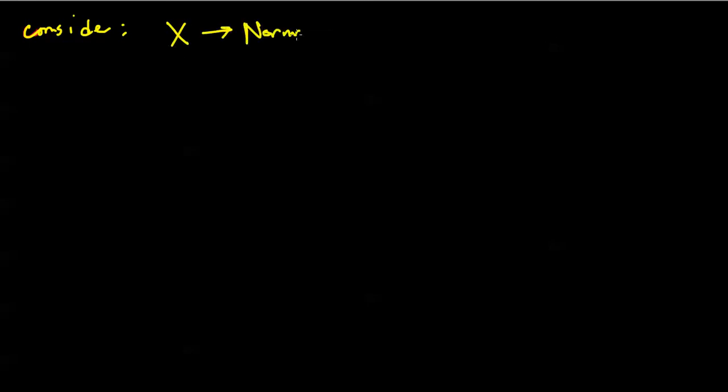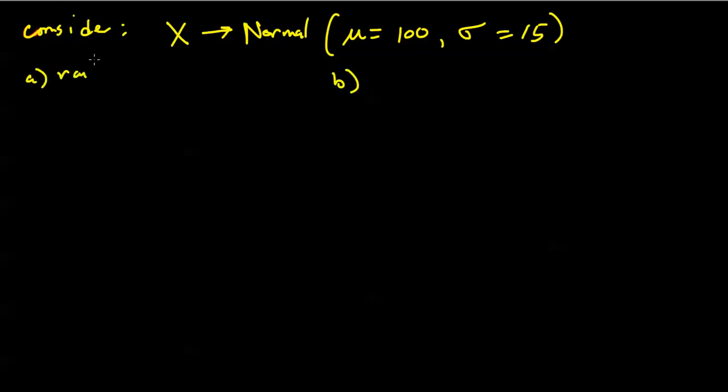We claim X is normal with a mean of 100 and a standard deviation of 15. Remember, we talked about part A and B. In part A, we randomly select one IQ score, and we wanted to find the probability that X is greater than 120.